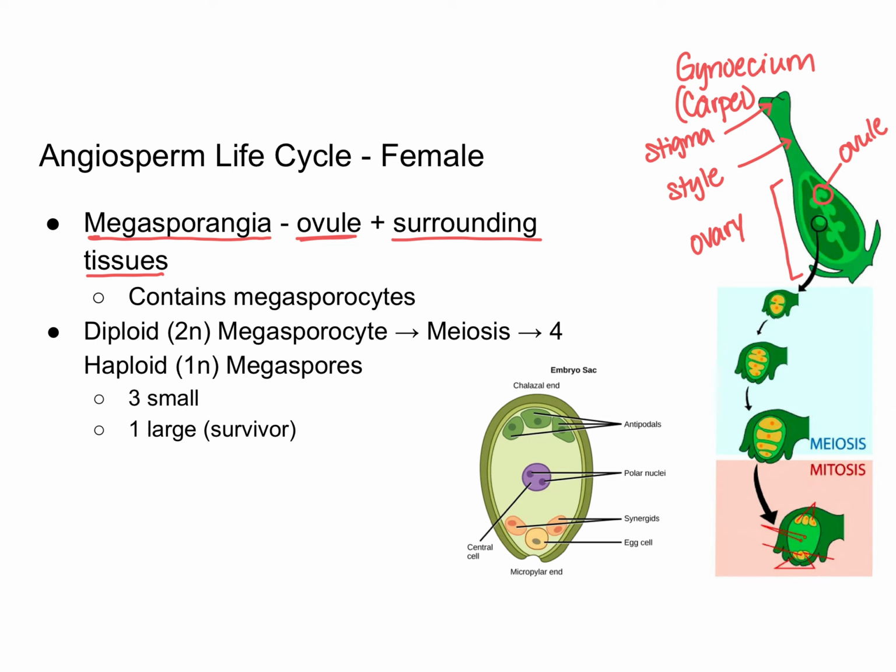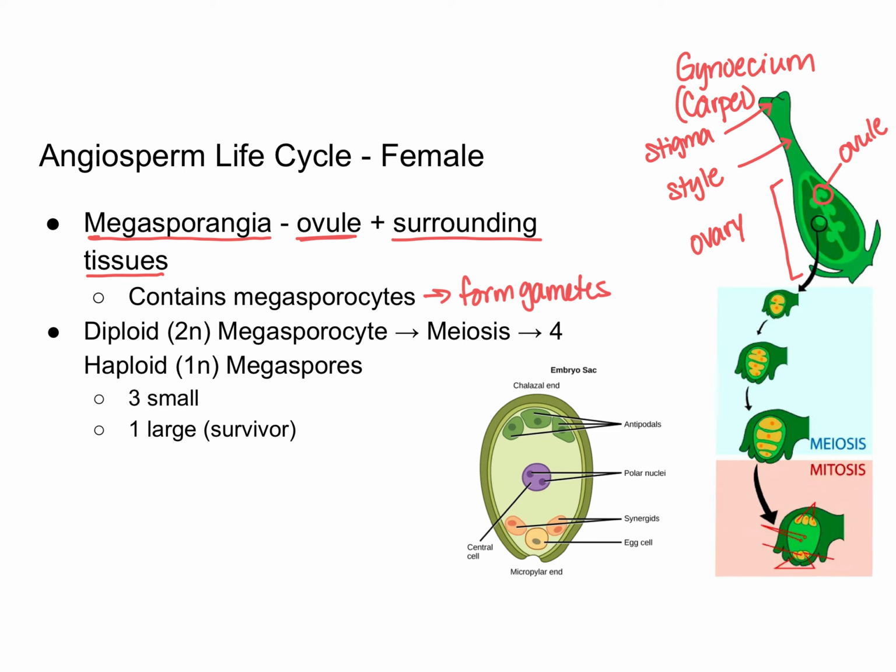And within this ovule, within this megasporangium, there are these other cells called megasporocytes. And these megasporocytes are going to be the cells that are ultimately going to turn into the gametes. So these are cells that ultimately are going to form gametes and some other cells by going through meiosis.